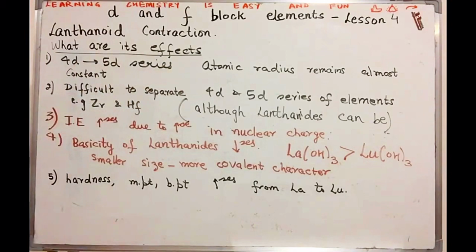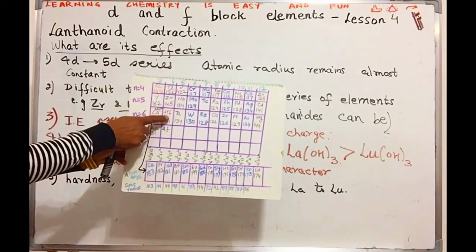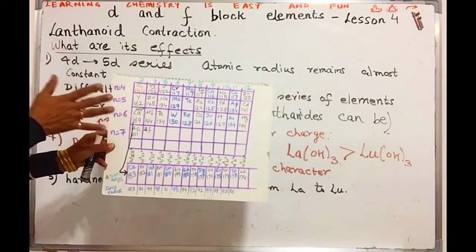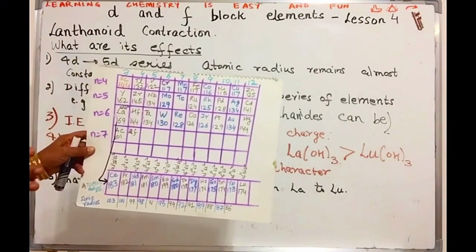A very, very common example is zirconium and hafnium. We saw in the table that the atomic radius of the two is almost the same. So we had 145 and 144. These two are not easily separable, right?